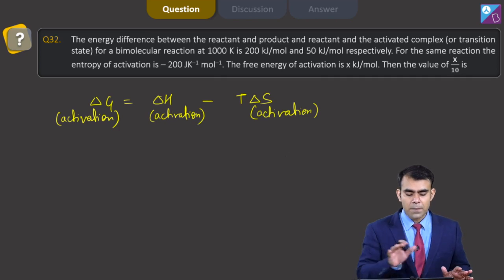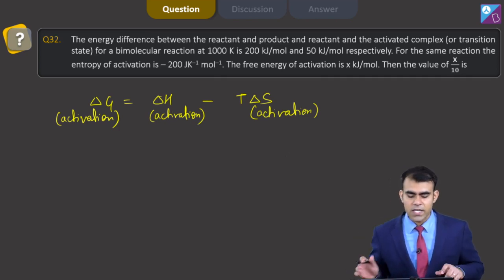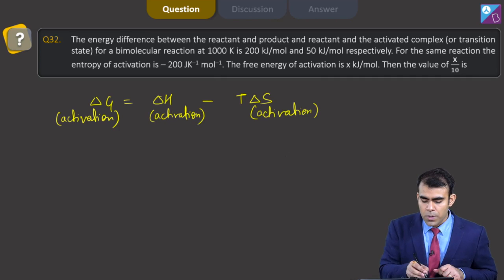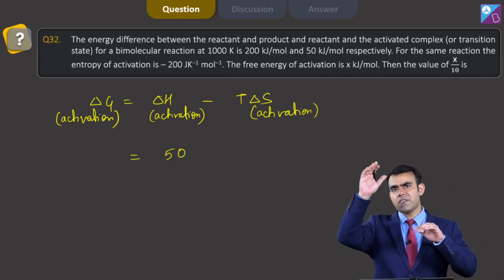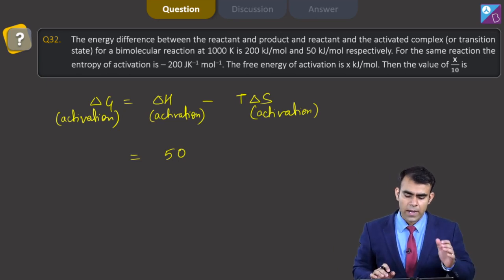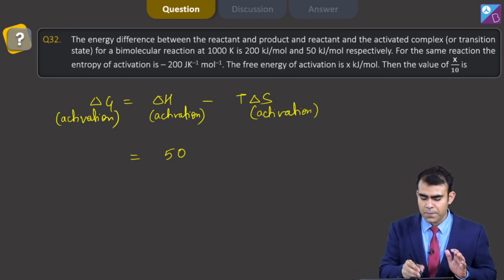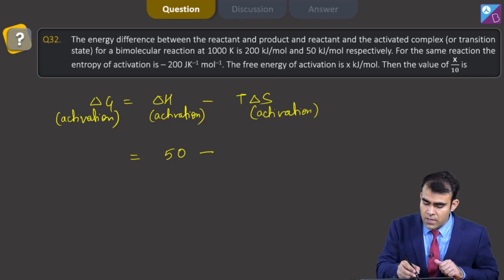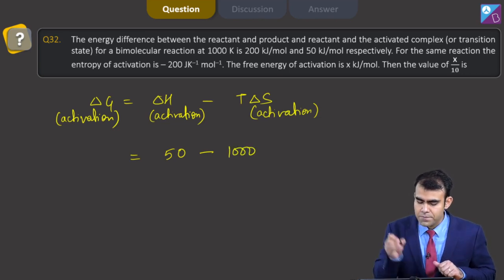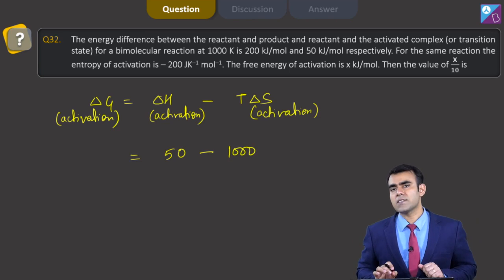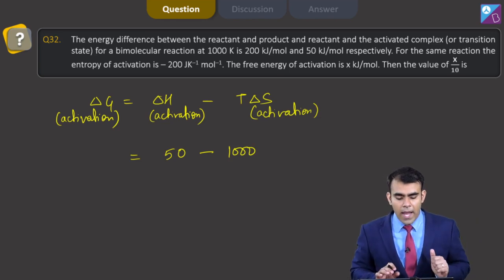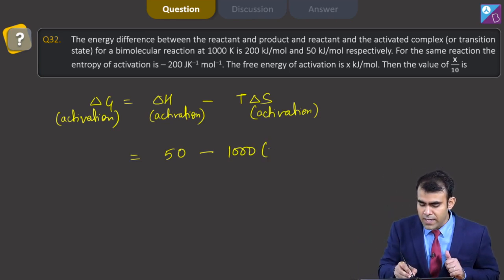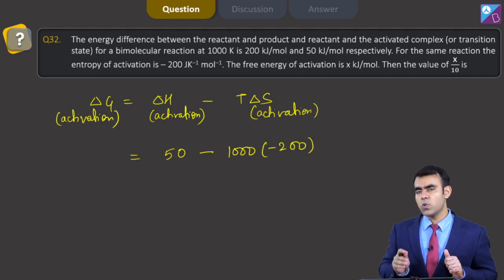So for example, the delta H that is given to us is 50 kilojoule per mole. So just write 50 here, as energy of activation is positive, and also it is given that it is positive, so I have written plus 50 minus the temperature at which this reaction is happening, 1000 Kelvin, into delta S, that is the entropy of activation, and that is minus 200 joule per Kelvin per mole.